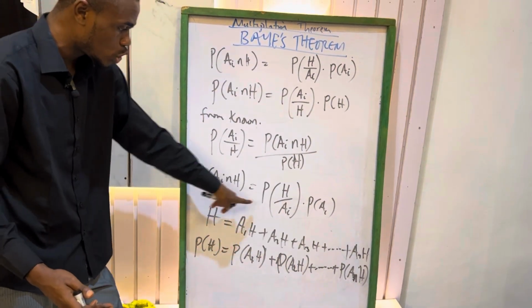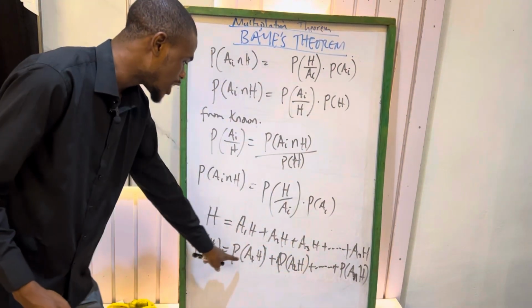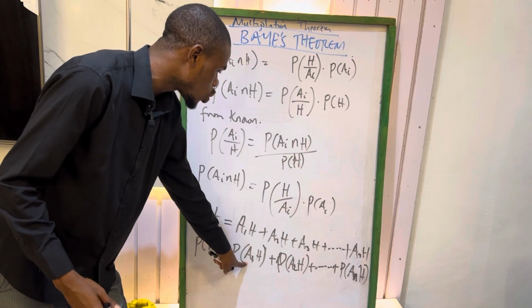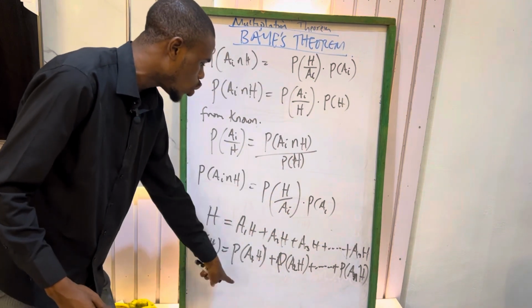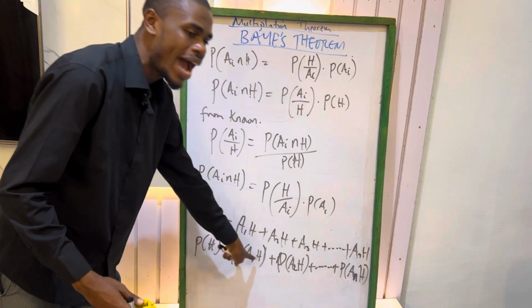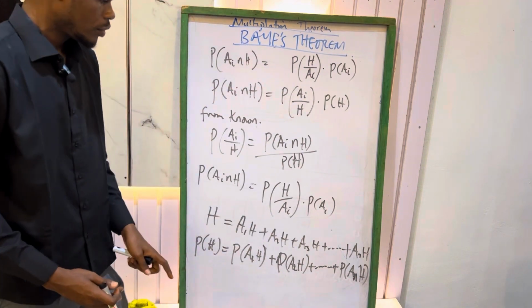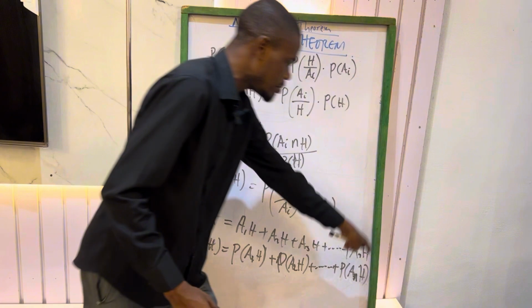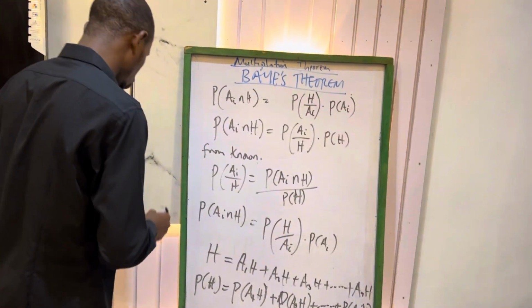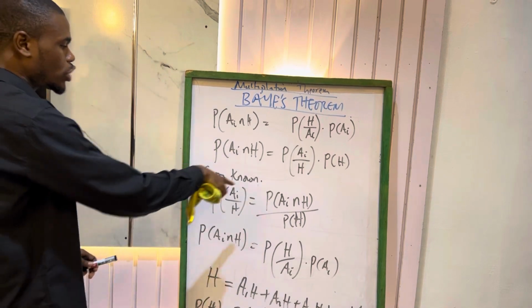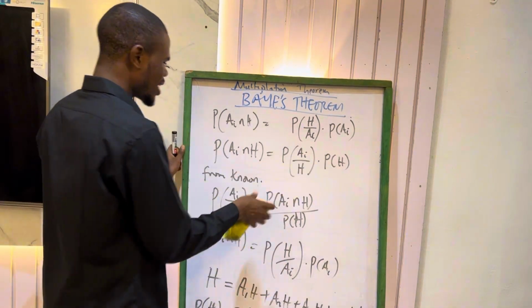If we split this one out, this will give us the probability of H depending on A1, multiplied by the probability of A1. The same thing goes for the others, up until the end. So we just factor it back into the main one, and we have our answer. It's as simple as that.